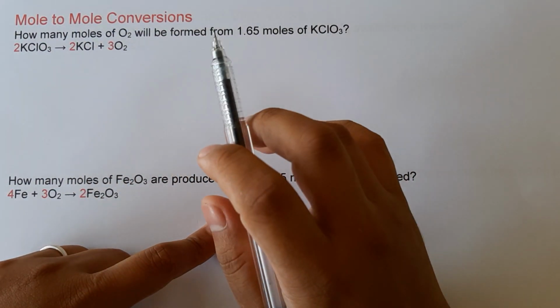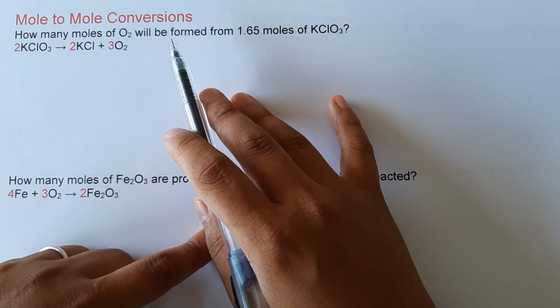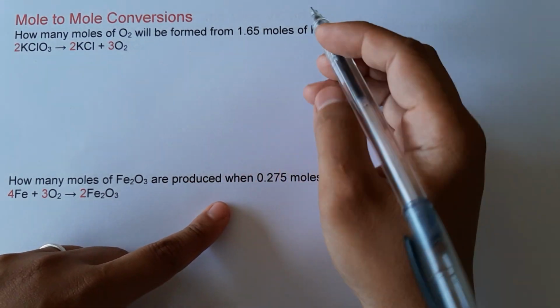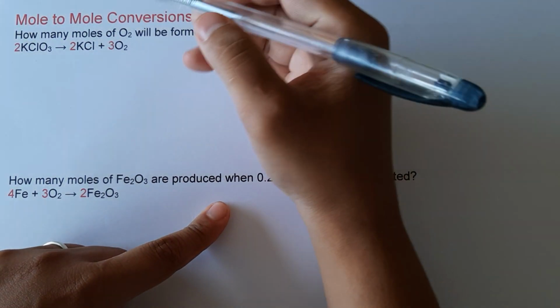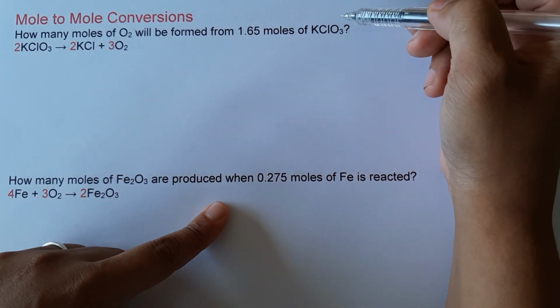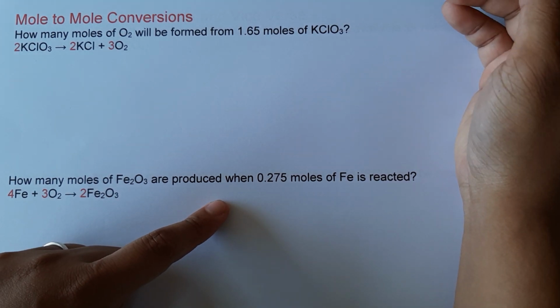First thing to know is what are involved in the problem. As you can see, what are mentioned are oxygen and, at the same time, potassium chlorate. So, these are what we will use in the problem.